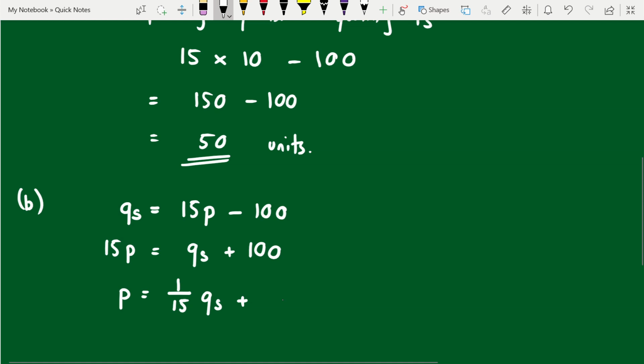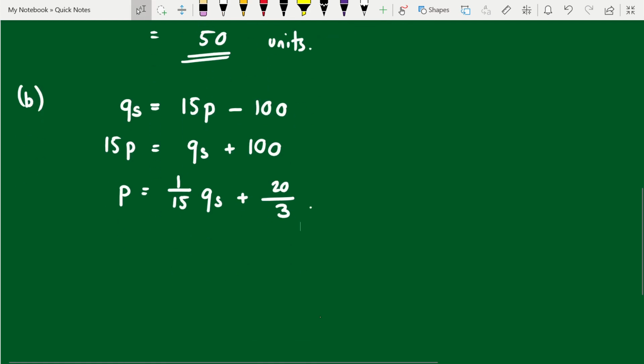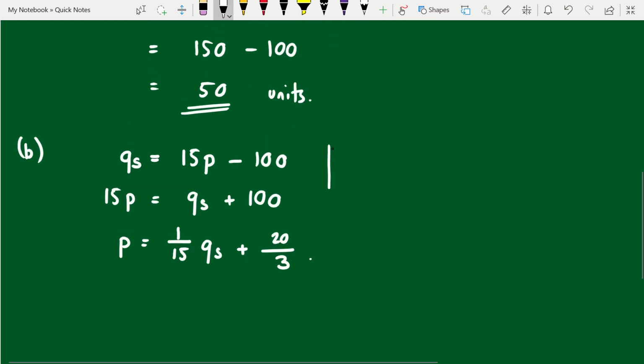But if you think a little and simplify that, you'll notice there is a common factor of 5 on top and bottom. That will simply reduce to 20 upon 3. Maybe just alongside, I'll put a little vertical line to separate out the supply calculations from the demand calculations. Let's begin with QD. The other equation is equal to minus 5p plus 100.